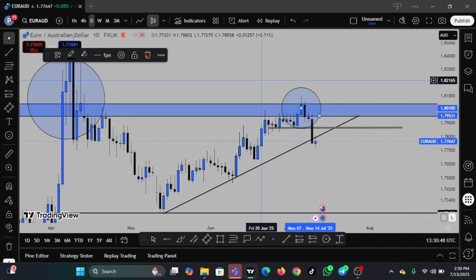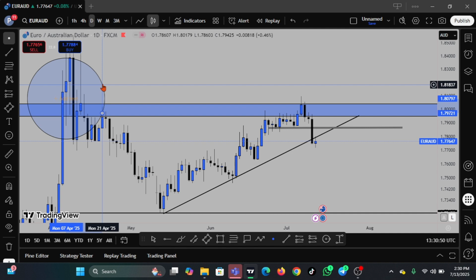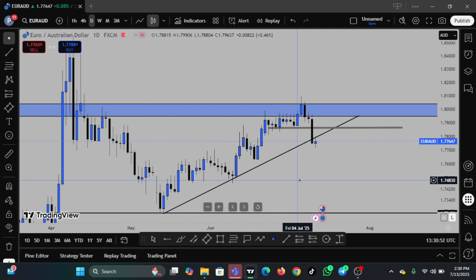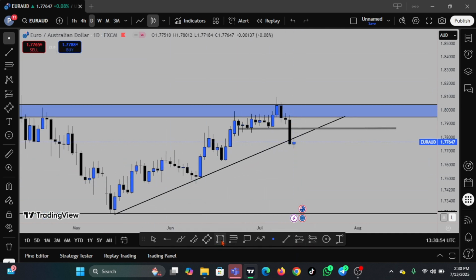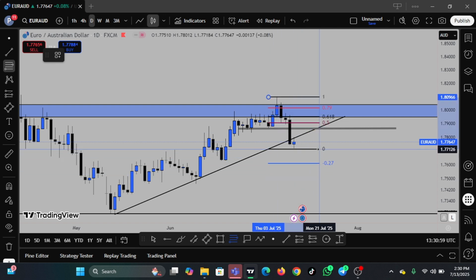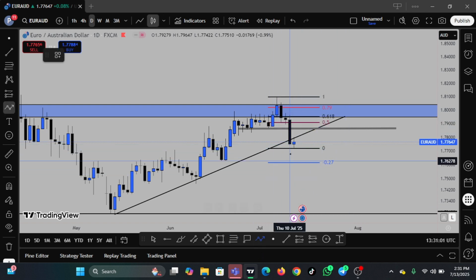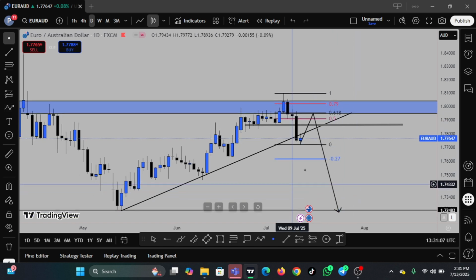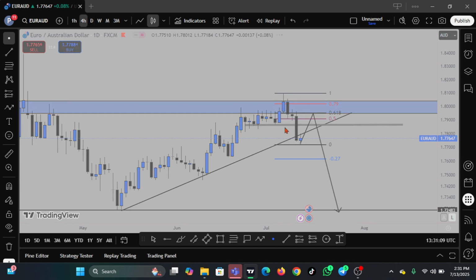Or another thing here is that we can make use of our Fibonacci. We are waiting for price to retrace. So let's put in our Fibonacci from the recent swing high to swing low. I'm waiting for price to retrace back. Price can retrace back into this point, and then we'll look for a potential opportunity to fire it all the way down.